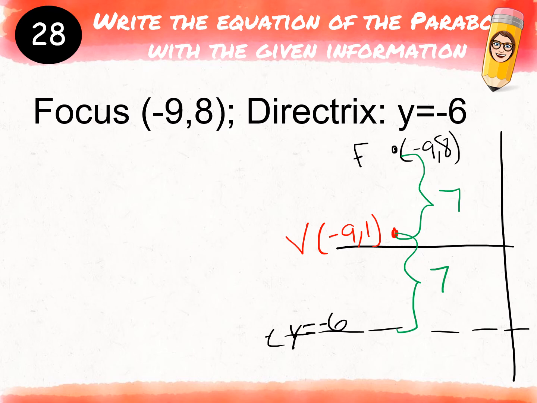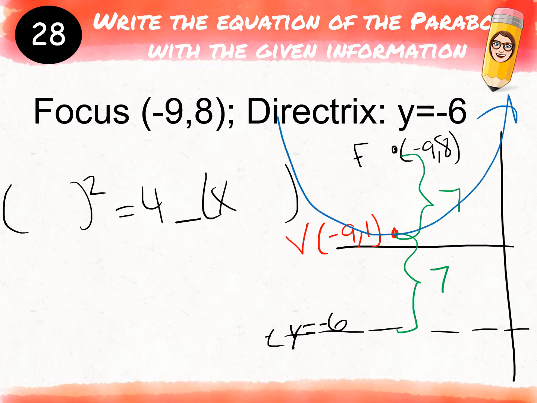Let's set up our equation. Quantity squared equals 4p quantity. Alrighty. Based on the information I have and where my vertex and focus are, my parabola would look like this, meaning it's opening up or down, so it's a regular x value that's squared. Oops, I don't know why I wrote x in the other one. My apologies. It should be a y over there.